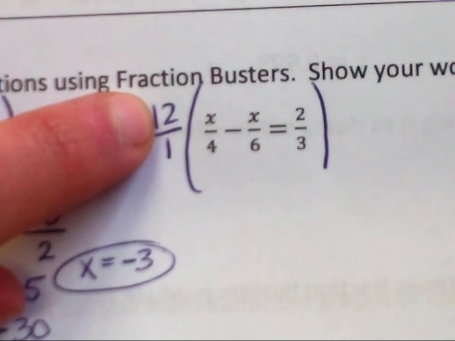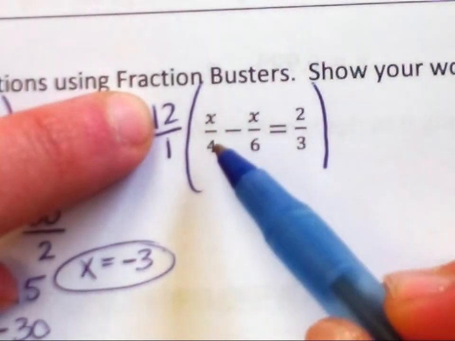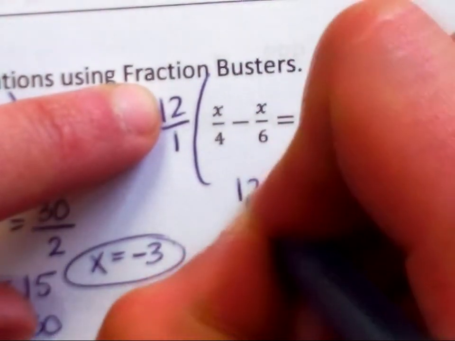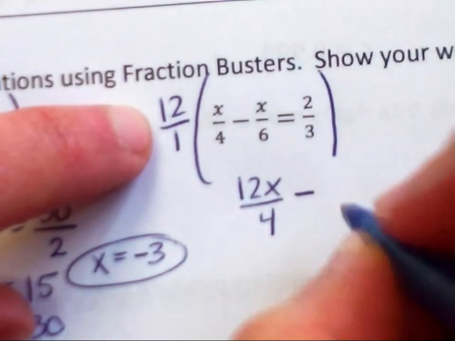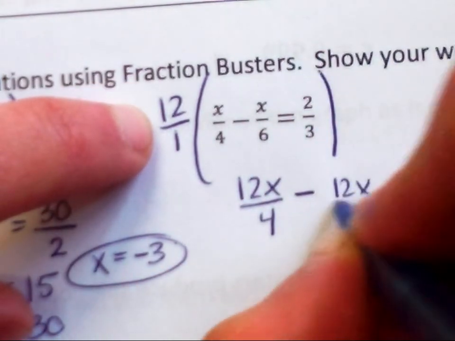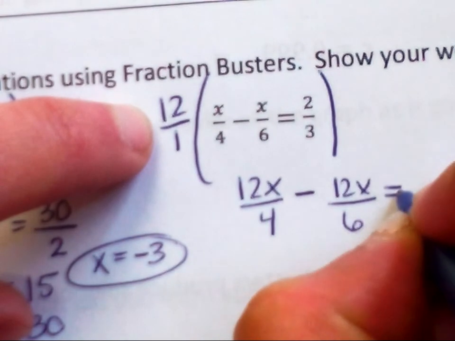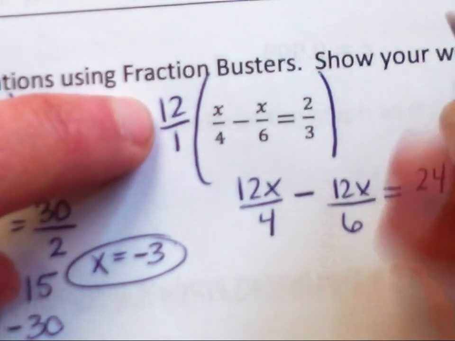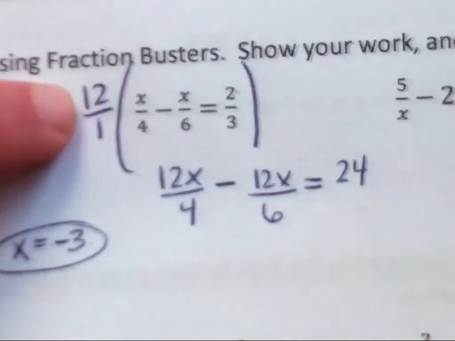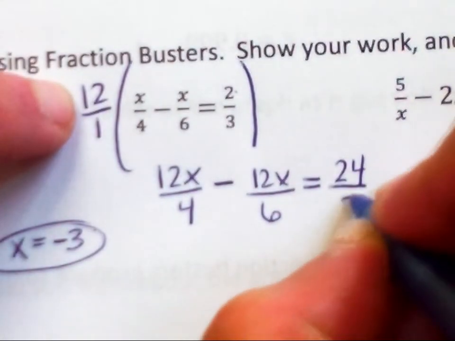So 12 times x over 4 is 12x over 4 minus 12x over 6 equals 24, because 12 times 2, but over 3.